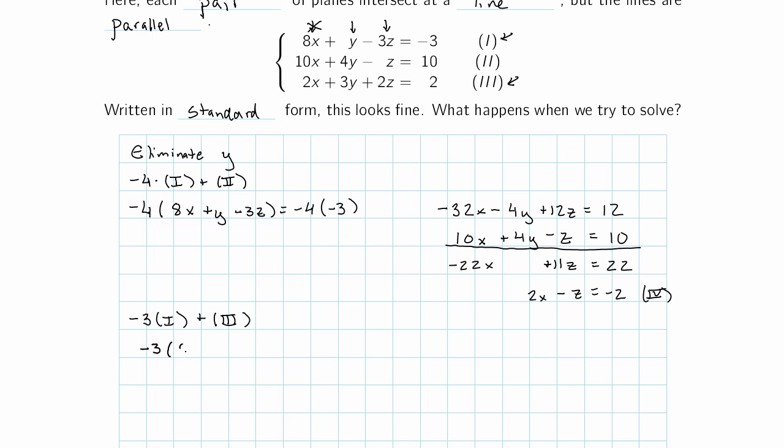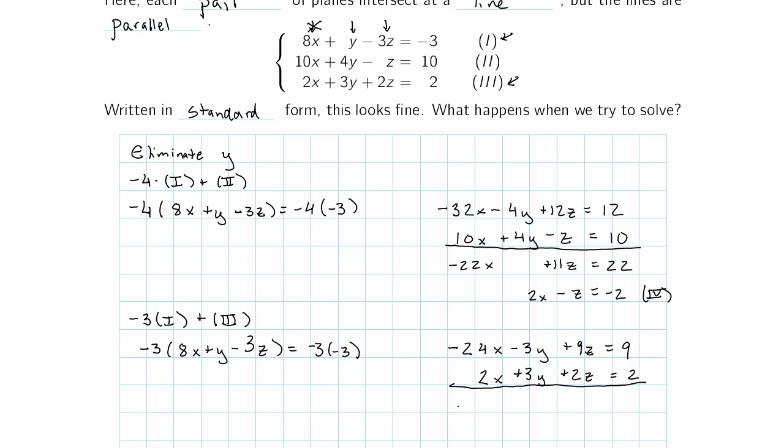Negative 3 times 8x plus y minus 3z is negative 3 times negative 3. So negative 24x minus 3y plus 9z equals 9. Then I'll line up equation 3 underneath that: 2x plus 3y plus 2z equals 2.